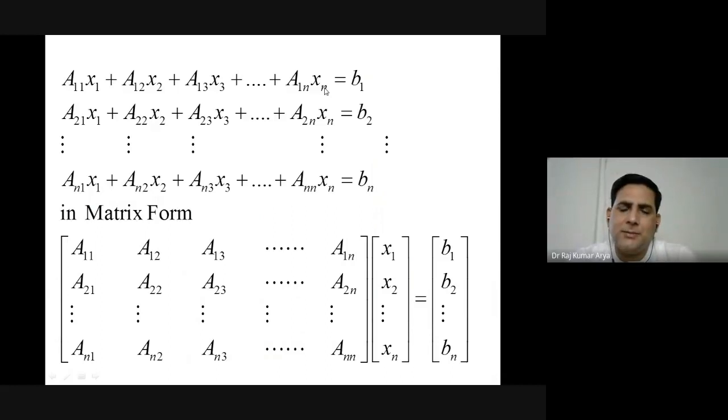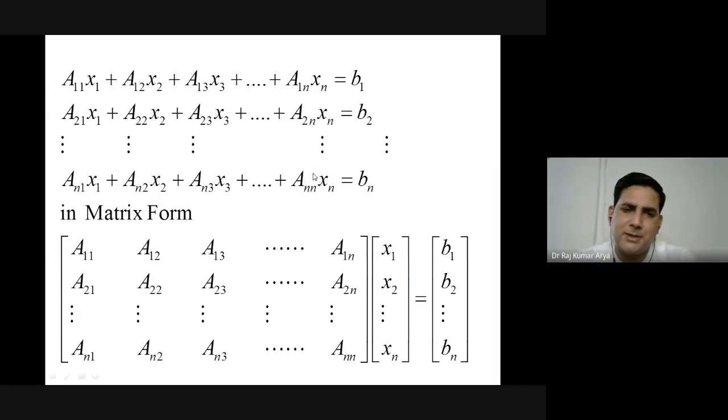And if you have n unknowns, obviously you need n equations so that those can be solved. Now we can represent them in matrix form actually. This practically makes it easier. It's just a way of representation.